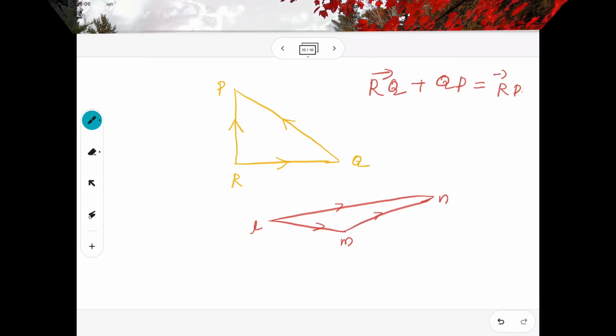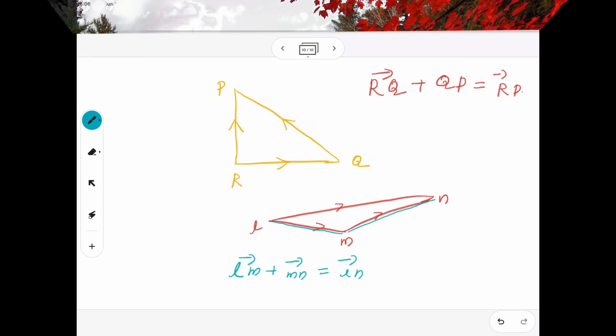I can write vector LM plus vector MN equal to vector LN, because vector LM and vector MN are taken in head to tail position.